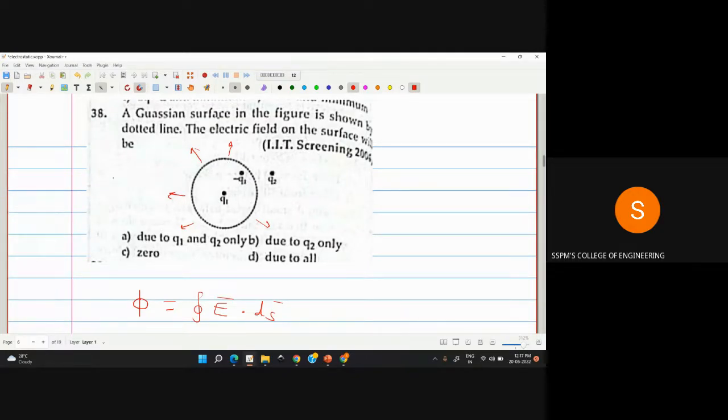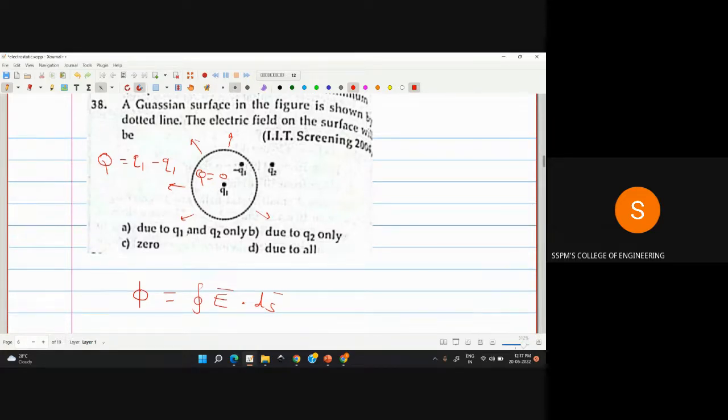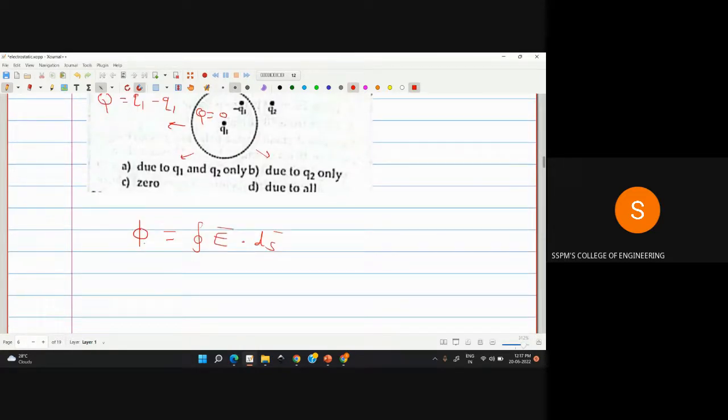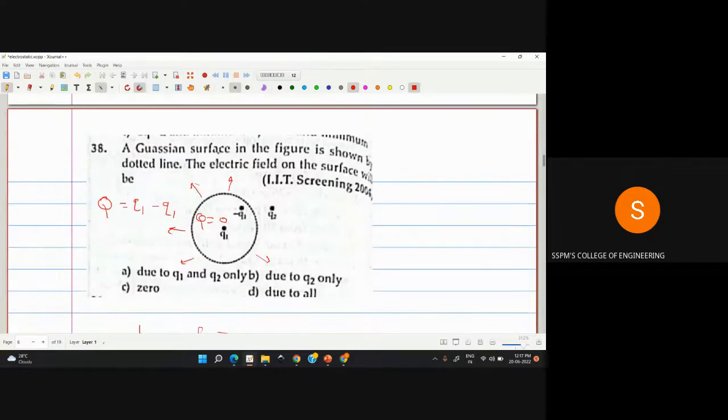So what will be the total charge? The total charge inside the closed body is Q1 minus Q1, which is exactly equal to 0, isn't it? So as the total charge inside the body is 0, the flux will be 0. There is no flux crossing the closed surface. Why? Because the total charge is 0.